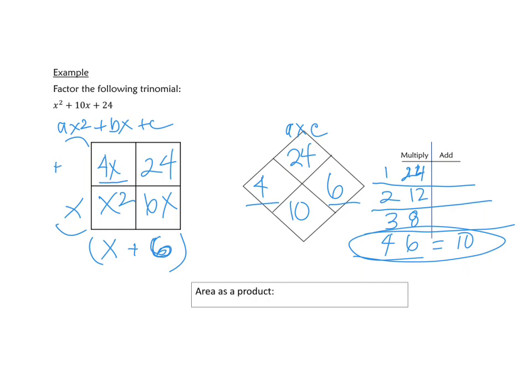Well, x times 4 equals 4x. Our sides are our product, so the answer is x plus 4 times x plus 6 is the product of that trinomial.